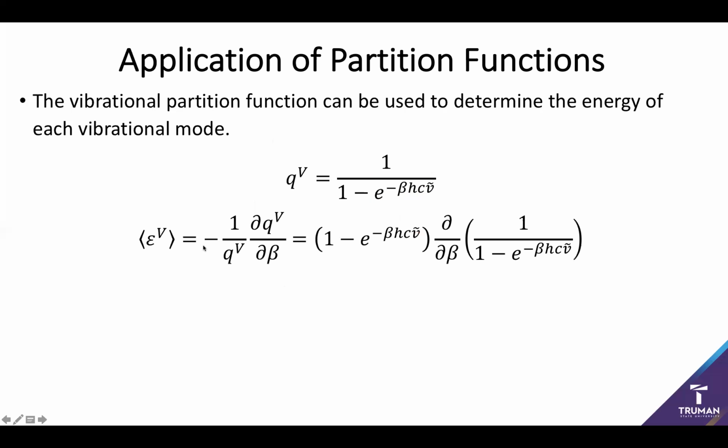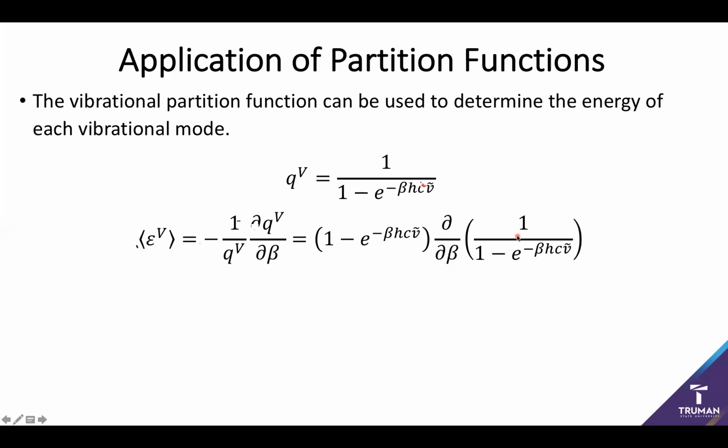So we can then insert this expression into our equation for deriving energy. So 1 over our partition function, derivative of the partition function with respect to beta. So again, as before, the denominator moves to the numerator out front. I'm taking the derivative with respect to beta, and then my partition function inside.